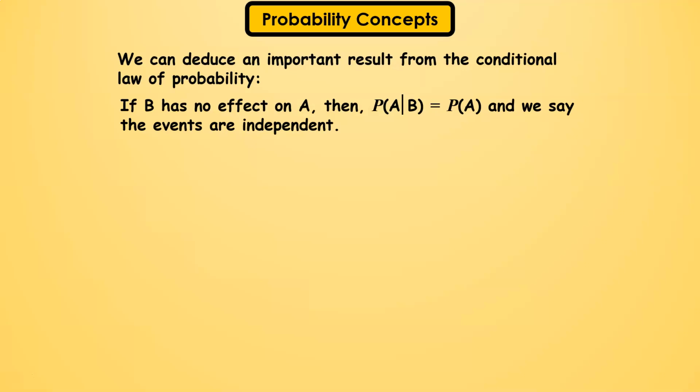Because those events are independent, the warehouse part has no effect on it at all. So we say that it would be the probability of picking a person that's from Christchurch.